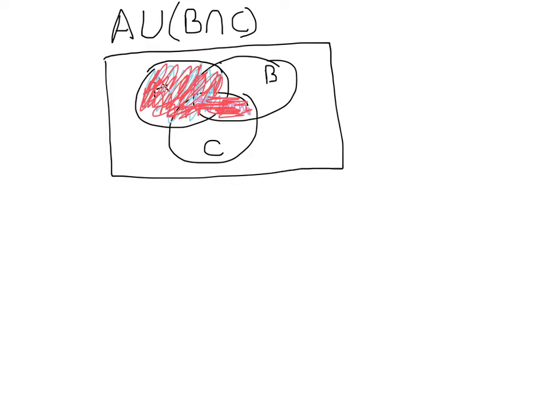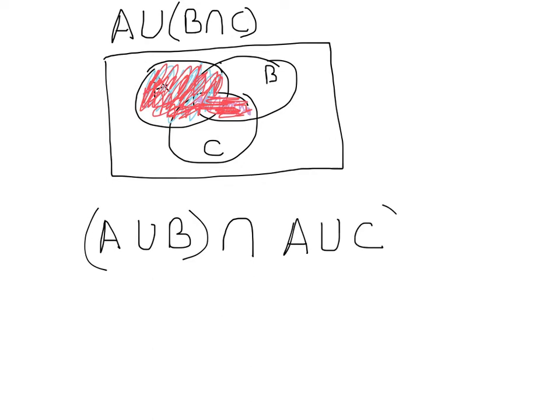All right, so not too bad. In fact, interestingly enough, we saw that earlier. We saw that same shaded region. And if you remember, that was the same shaded region we had for A union B intersect A union C. And in fact, these two things are equal in general because they have the same shaded region.